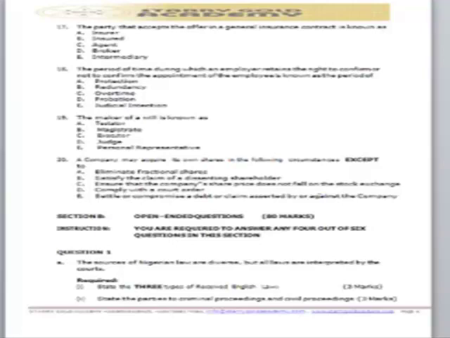And question 1, A aspect of it says, state 3 types of received English law. Where a question is like this, this is actually the information I want to pass across to you, so that you'll know how to answer questions properly.